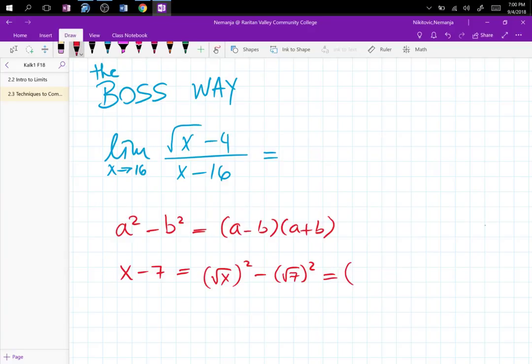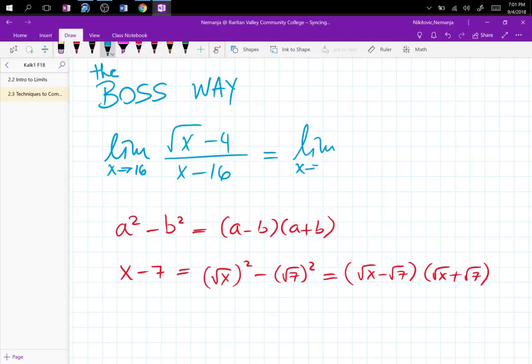So it's root x minus root 7 times root x plus root 7. You can factor whatever you want. It doesn't have to be perfect squares. As long as there is a minus here, you can factor anything. So now I'm going to factor the denominator and cancel it, and there is no need to rationalize, which is why it's called the boss way.